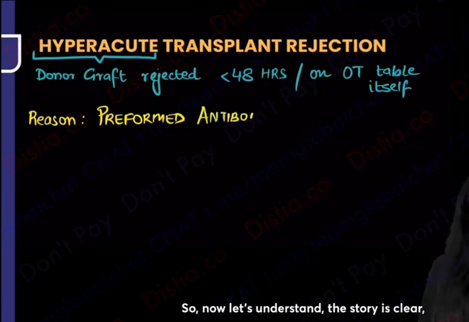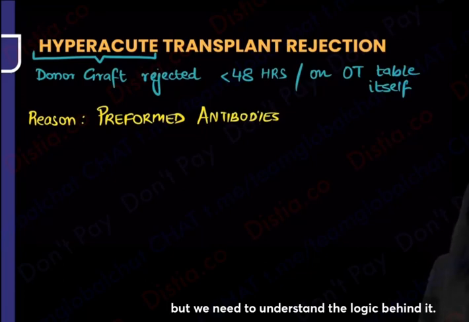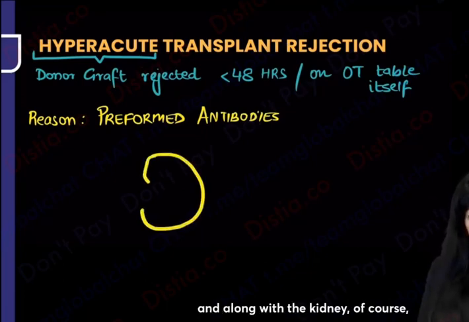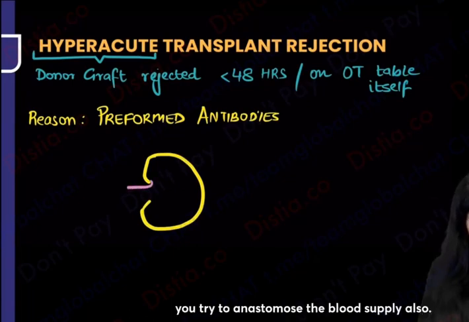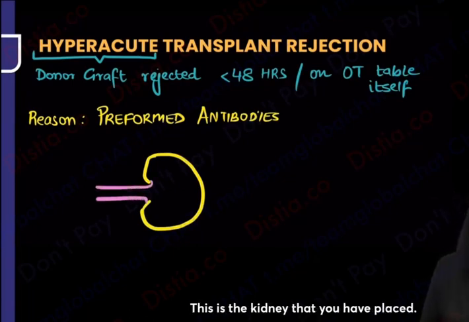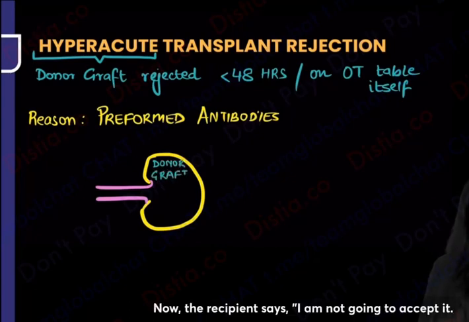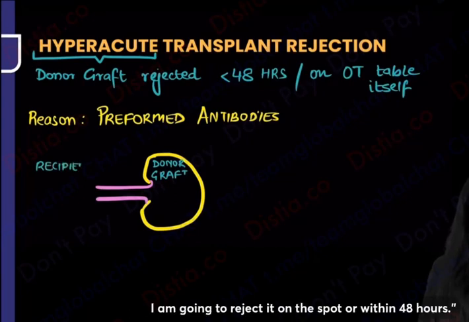So now the story is clear, but we need to understand the logic behind it. For example, you placed this kidney, and along with the kidney, of course, you tried to anastomose the blood supply also. This is the kidney that you've placed, so I'll label this as the donor graft. Now the recipient says, I am not going to accept it. I am going to reject it on the spot or within 48 hours.